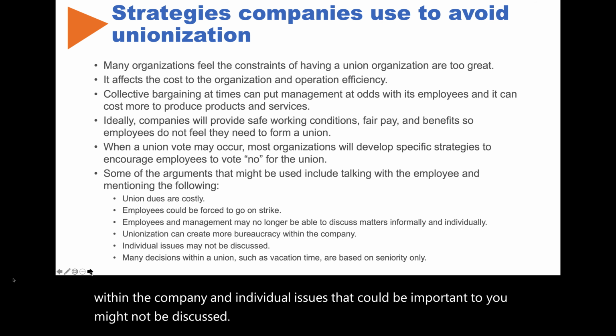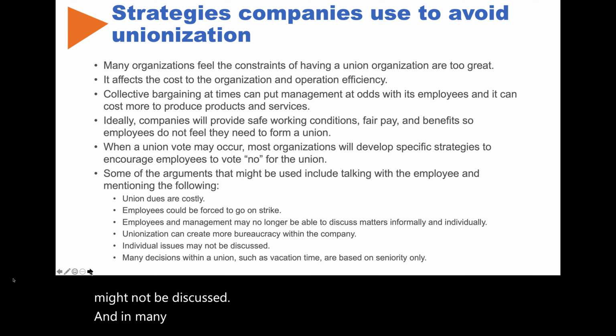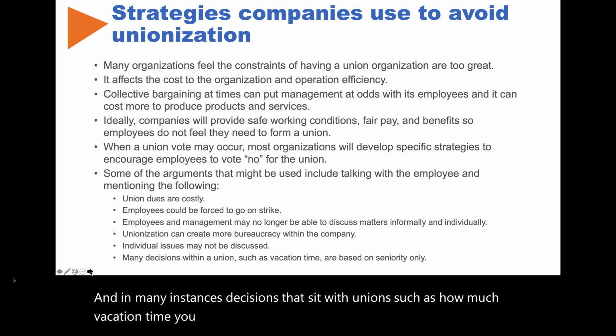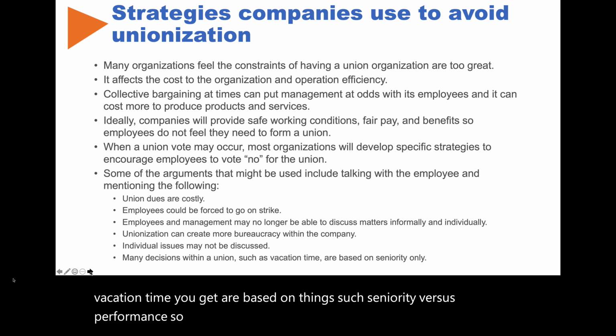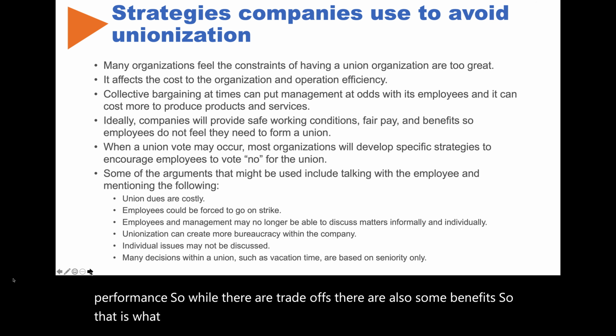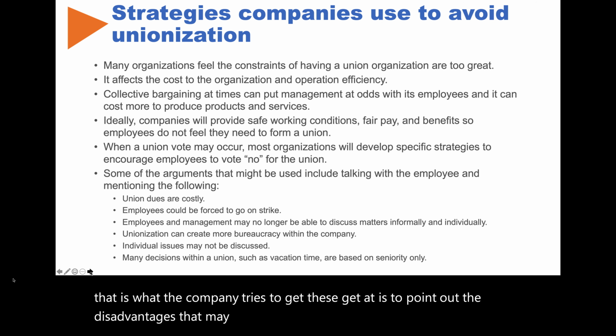And in many instances, decisions that sit with the union, such as how much vacation time you get, are based on things such as seniority versus performance. So while there are trade-offs, there are also some benefits. So that is what the company tries to get at, is to point out the disadvantages that may occur when you join a union.